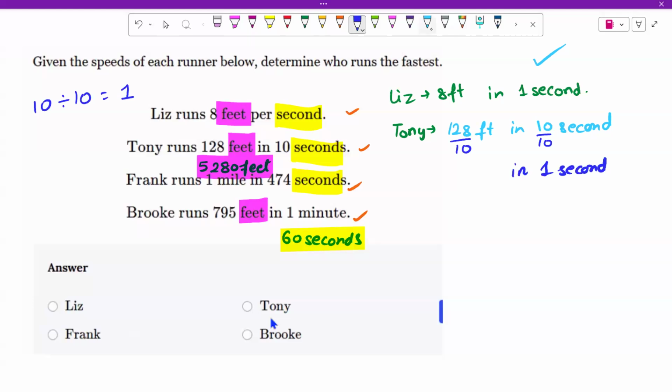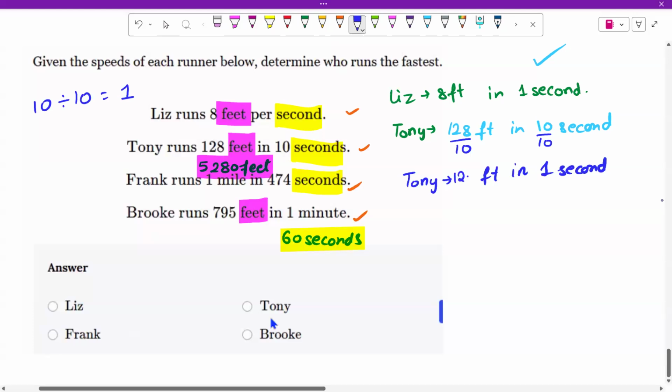So 128 divided by 10, how much does it make? In decimals, you can tell me. Oh yeah, okay. I'll tell you. 128 divided with a... Hold on, hold on.